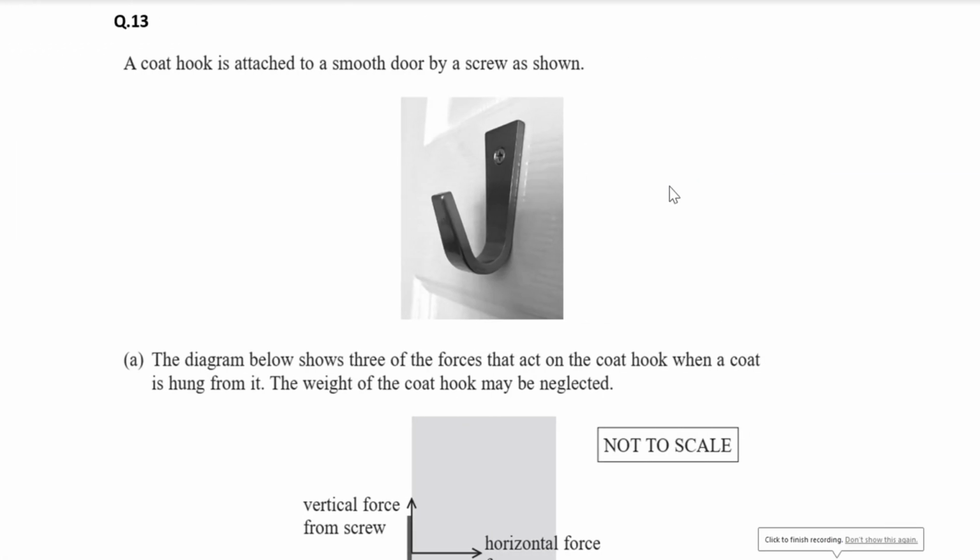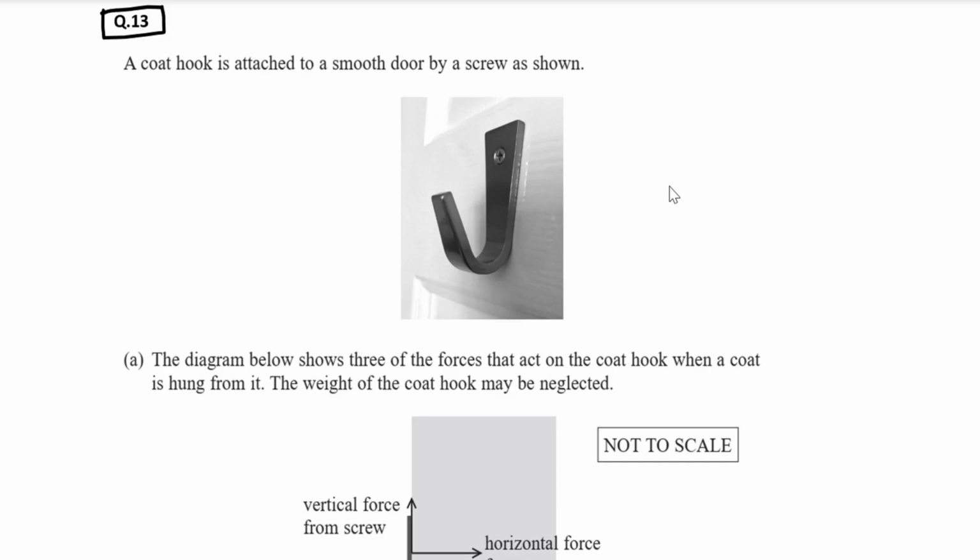Now, question number 13. A coat hook is attached to a smooth door by a screw. So there is a screw here. Look at the diagram.